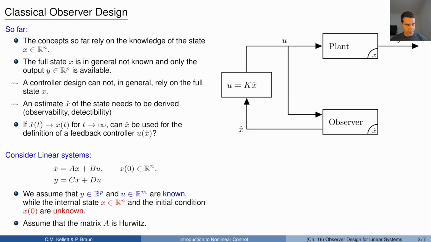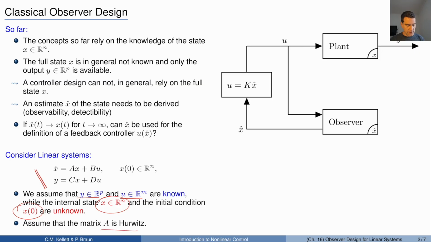To fill that a bit with additional assumptions, we assume that our plant is given by a linear system of this form, x dot is equal to Ax plus Bu, the output y is Cx plus Du, and we assume that the output y is known, the input u is known, however the full state x is unknown, and also the initial condition is unknown.